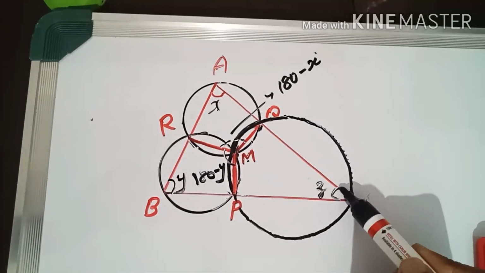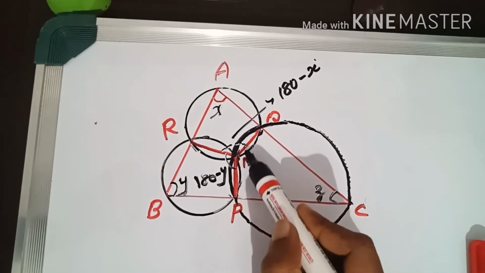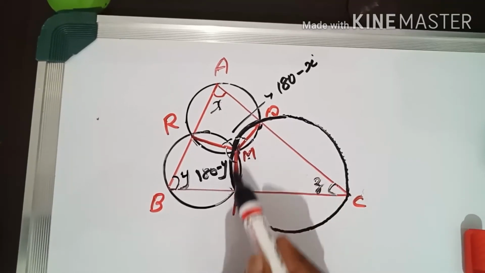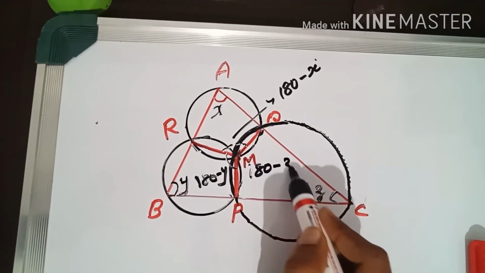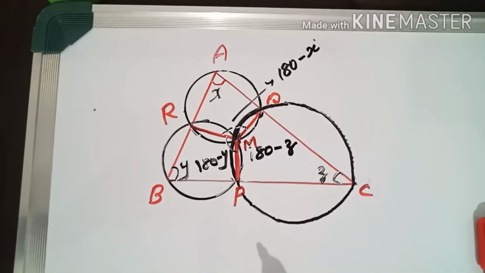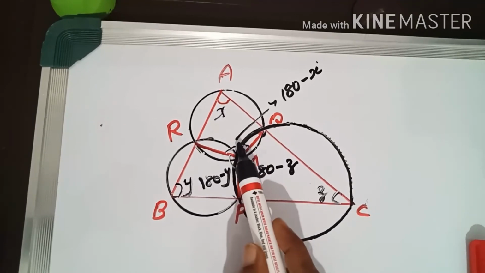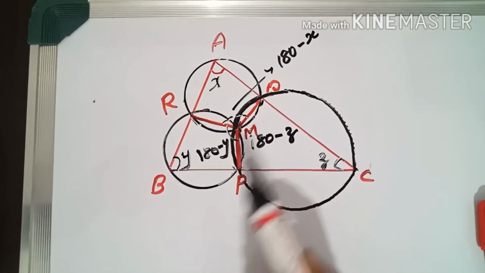Here also we prove this angle is z degree, then this angle QMP will be 180 minus z degree. So all these angles at M we got as 180 minus x here, 180 minus y here, 180 minus z here.